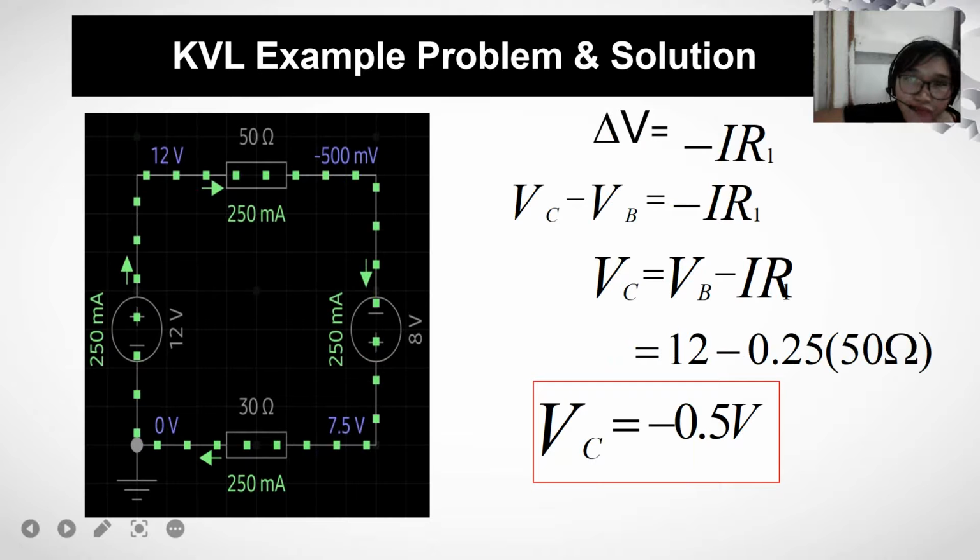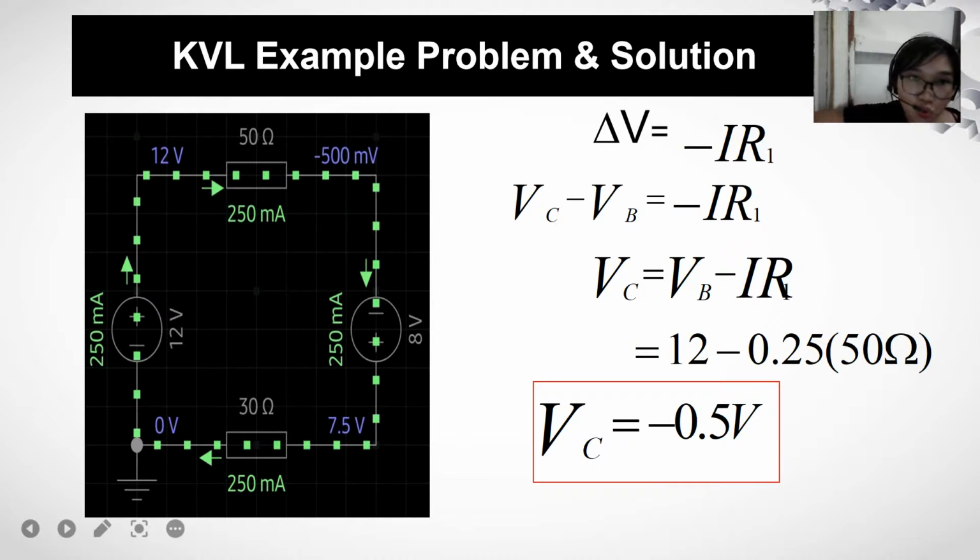And then the same formula, but now we apply how the branches are connected together, like in the middle, point to point. So we have VC minus VB is equal to negative I R1.